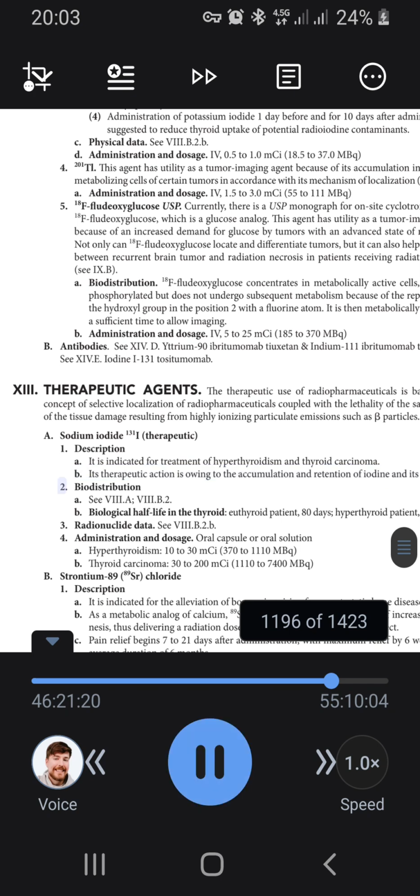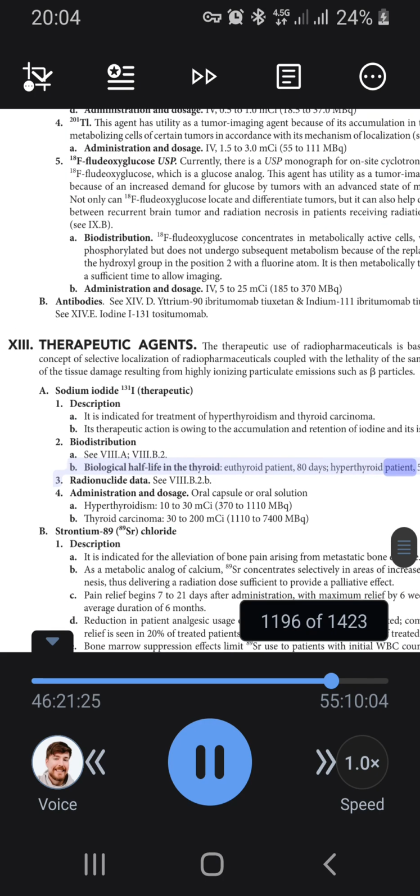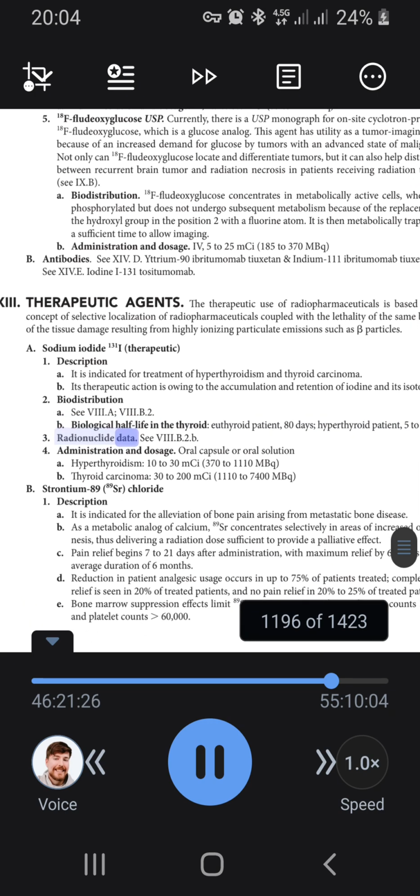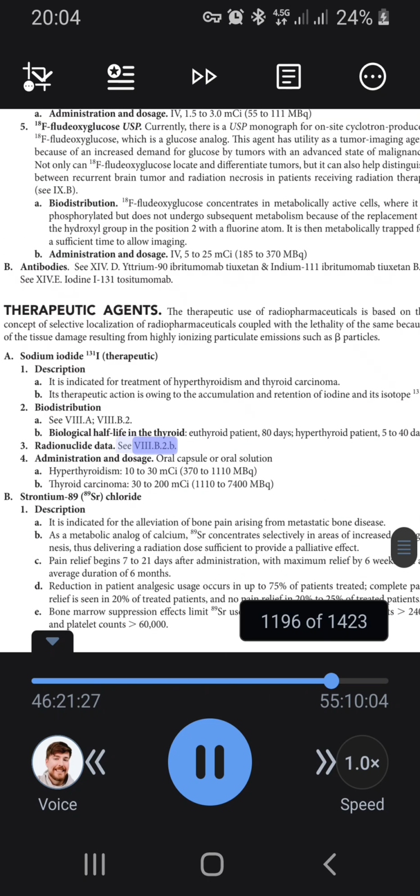2. Biodistribution. B. Biological half-life in the thyroid: euthyroid patient, 80 days; hyperthyroid patient, 5 to 40 days. 3. Radionuclide data. 4.